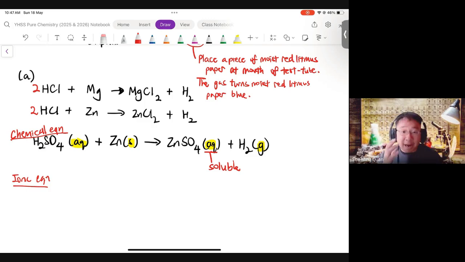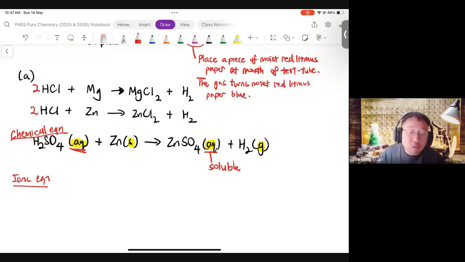We need to split up the substances into ions formed. But we only split up those which are aqueous, meaning anything that is not aq, we should not split into ions. Clear? So in this particular reaction, we will only split up H2SO4 and ZnSO4 into its ions.